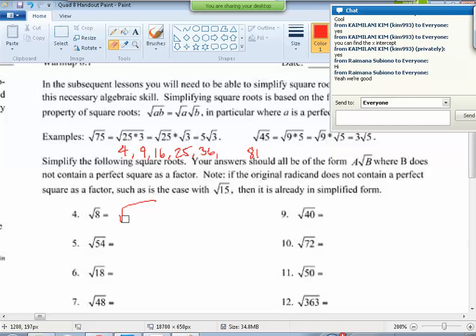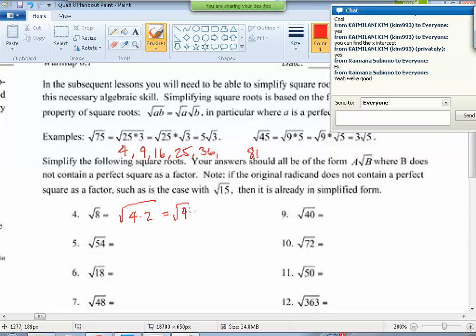So here's my question: why do I break up 8 into 4 times 2? Yes, 4 times 2 does equal 8, right? So it's the same thing. I'm not changing it. But why did I choose the number 4? Because 4 is a perfect square, right? So really, the square root of 8 is the same as the square root of 4 times 2, which is the same as the square root of 4 times the square root of 2.